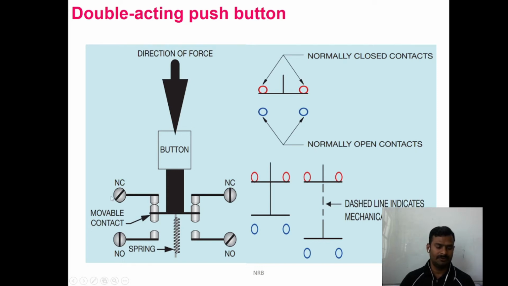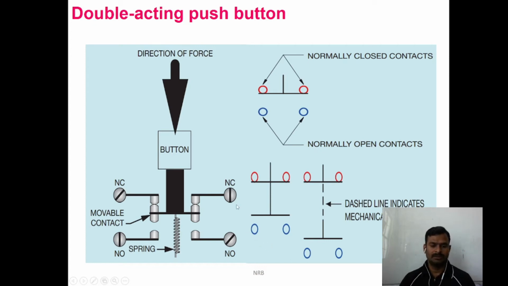When you want to use the NC terminal, you give the supply here and take out the supply from here and connect the other part of the control circuit. When you operate this switch, it will break the circuit. In case you are using the NO contact, then when you operate the switch, it is going to make or close the circuit, so it is going to start the process.